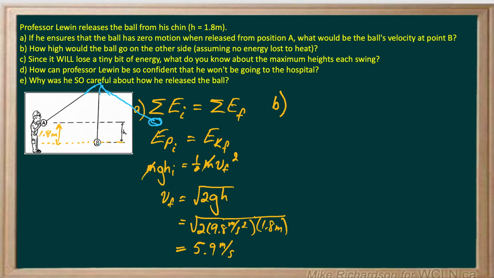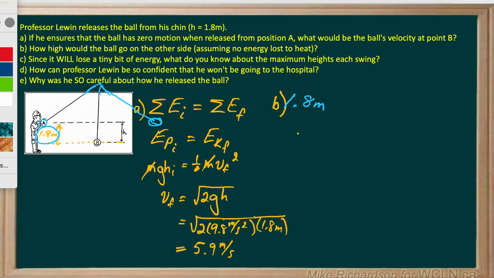All that kinetic energy at the bottom would be all converted back into potential energy, and your total amount of energy must remain constant. So whatever energy I started with, which was all potential, must be held true at any point in the path. So it makes sense that his final height on the other side would also be 1.8 meters.